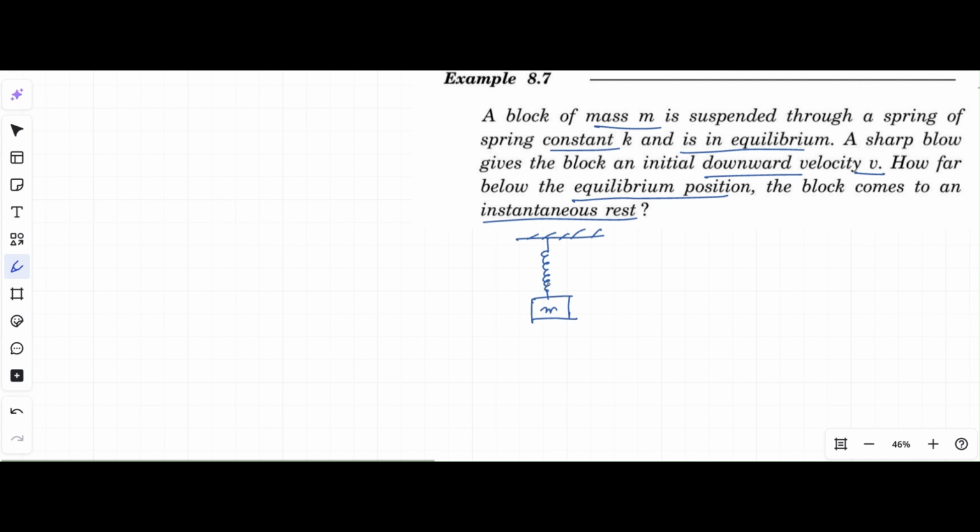It means it is at rest, it is not moving, and we apply a sharp blow downwards. Then it descends a certain height and reaches this position. Suppose this height of descent is h.